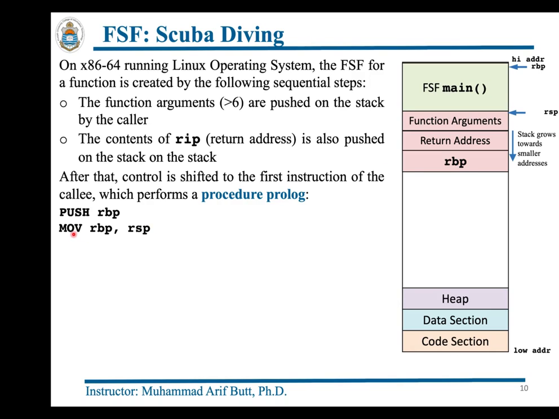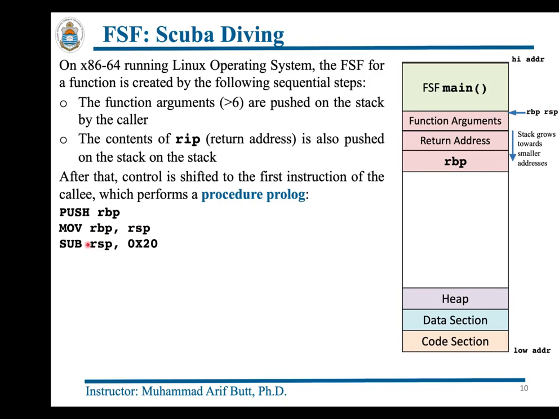After that, we execute the instruction move RBP, RSP, thus moving the contents of RSP inside the RBP register. So RSP and RBP, after this instruction, both point to this location, and this is shown over here. RSP and RBP are both pointing to the start of the function stack frame of this function now.